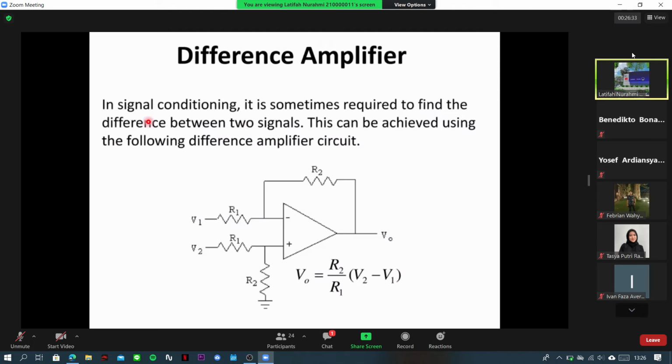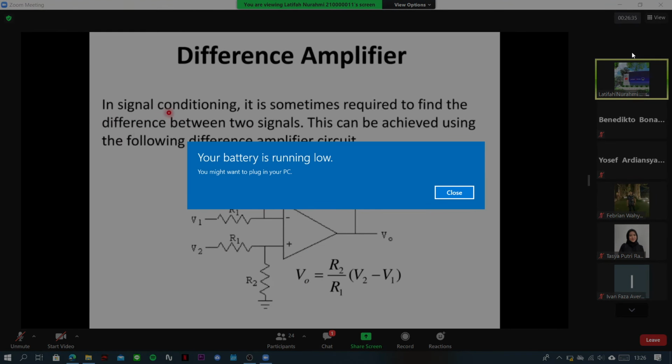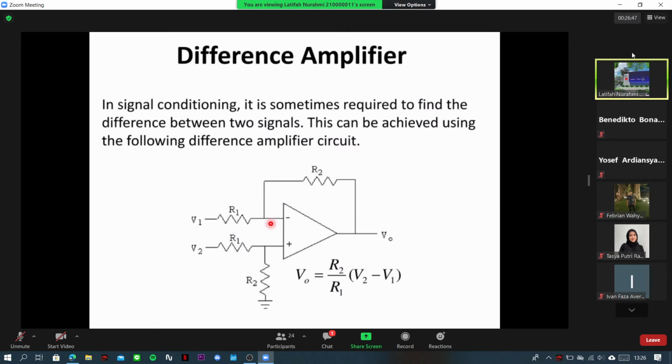The difference means delta here in mathematics. This can be achieved using the following difference amplifier circuit. I will not discuss this in more detail; it will be in the topics of the operational amplifier. But the thing is, we need to find V2 minus V1. This is what we call a difference amplifier, V2 minus V1.